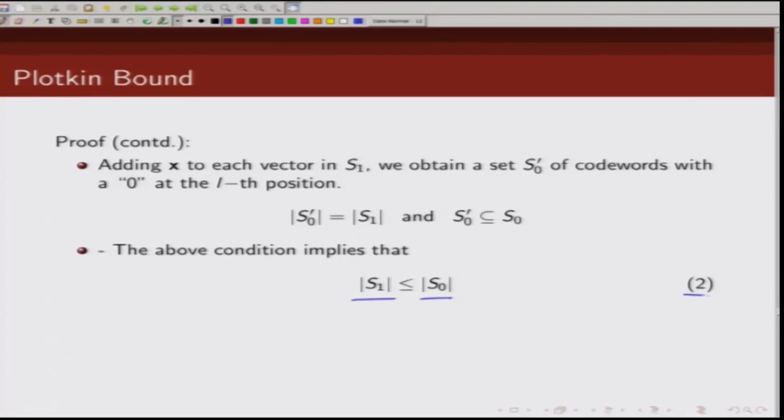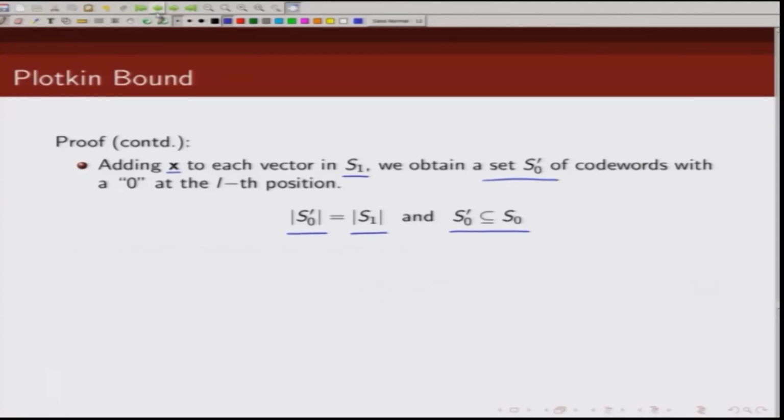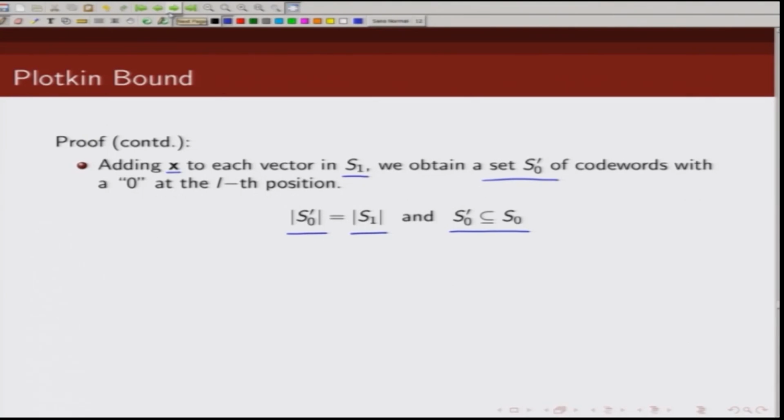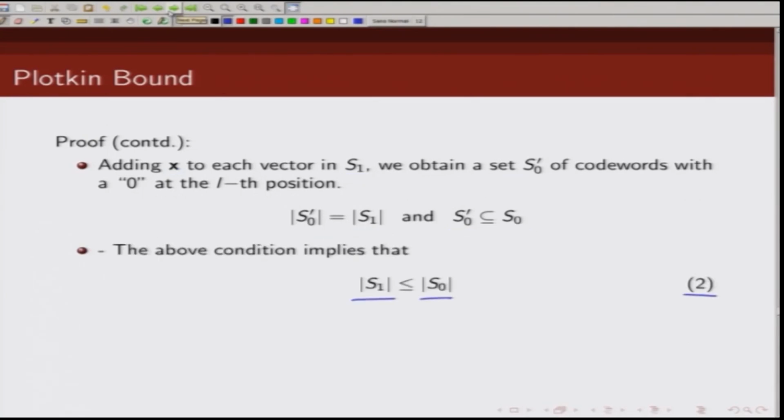Now, if we look at relation 2 and relation 1, here we got the condition that the number of code words which have 0 at the lth location is less than or equal to the number which have 1 at the lth location, and here we got the condition that the number of code words which have 1 at the lth location is less than or equal to the number which have 0 at the lth location.